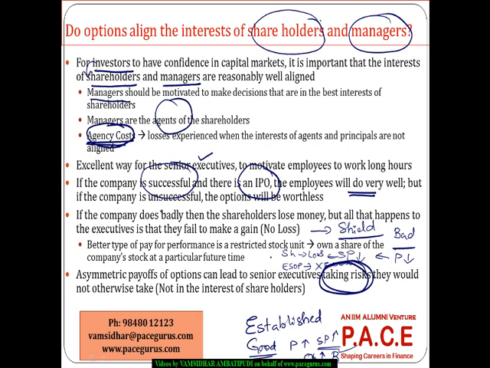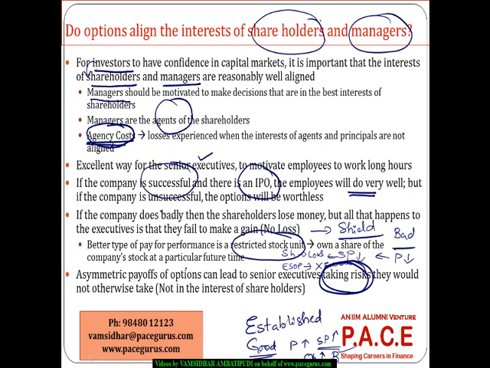Should the employee stock options be given, or should there be something like a restricted stock unit? Means here there is no option. This gives the right for the employee, or it is like one unit of a share is given to the employee at a future date, right?